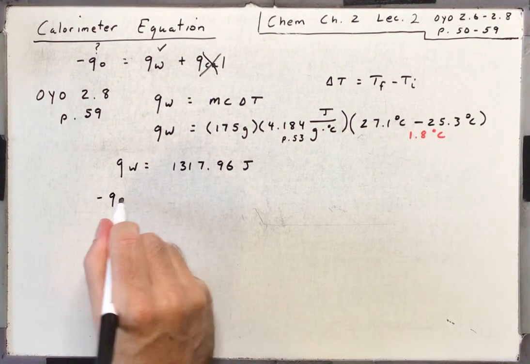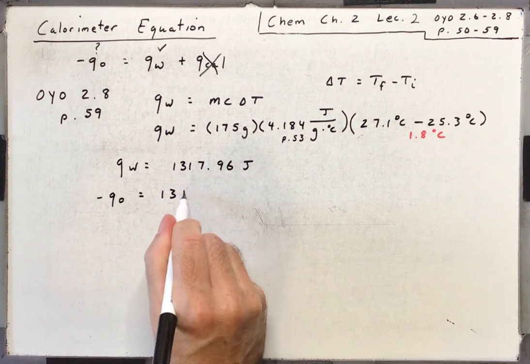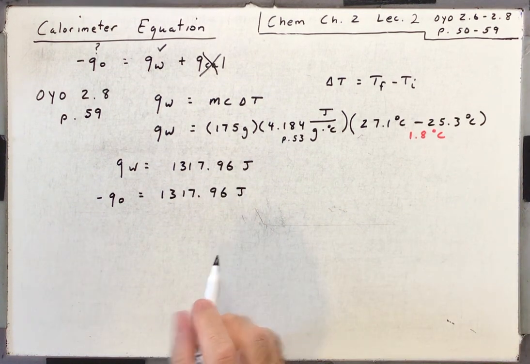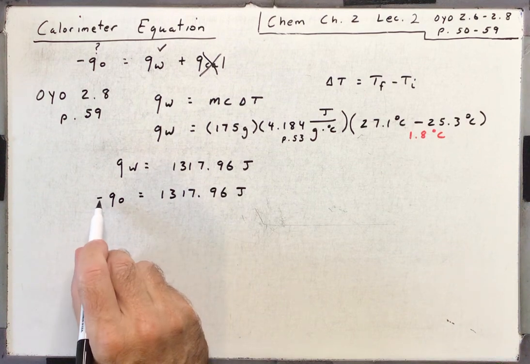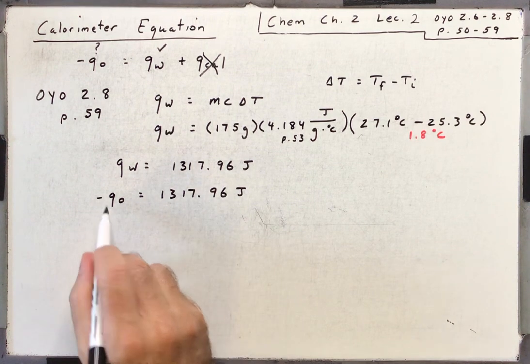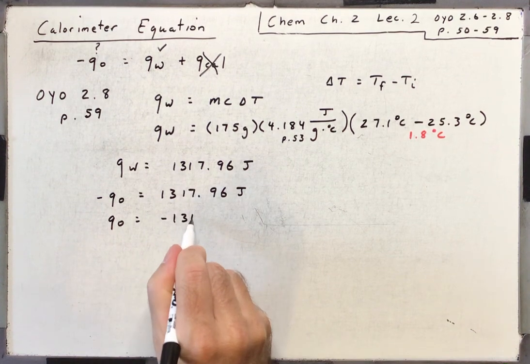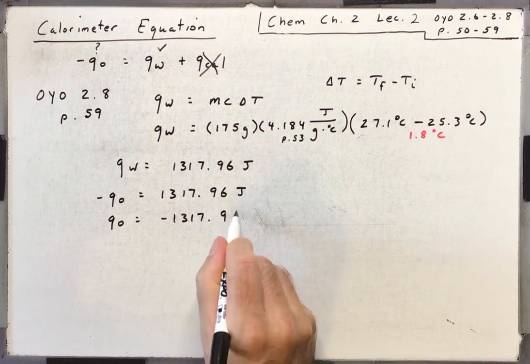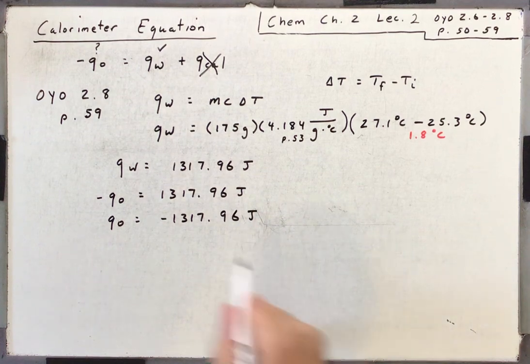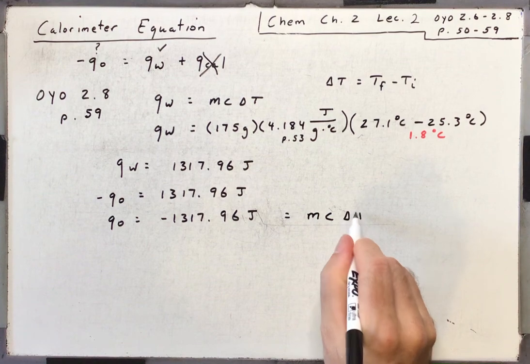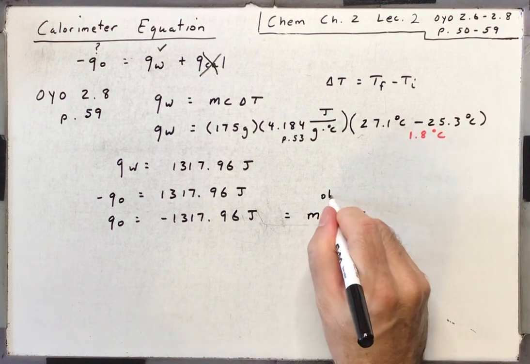Minus Q of the object is equal to 1317.96 joules. So if I multiply both sides by -1, that gets rid of the negative. So Q of the object is negative 1317.96 joules. And then I'm going to set that equal to MC delta T for the object.